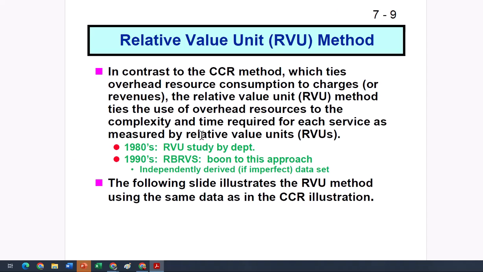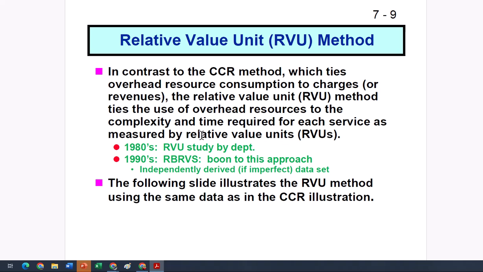The RVU method really came in the 90s. With the relative value, you're looking at the relative consumption of one procedure to another, right? So you're looking at how much resources are consumed in open heart surgery versus a day in the hospital versus an office visit.